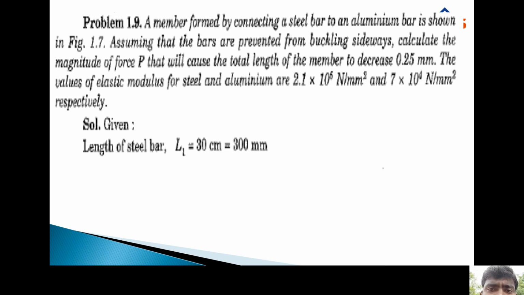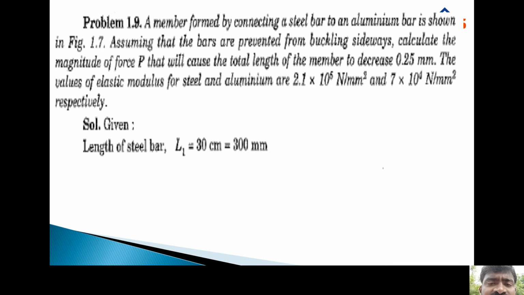Next problem. A member formed by connecting a steel bar to an aluminum bar is as shown in the figure. Assuming that the bars are prevented from buckling sideways, calculate the magnitude of force P that will cause the total length of the member to decrease 0.25 mm.